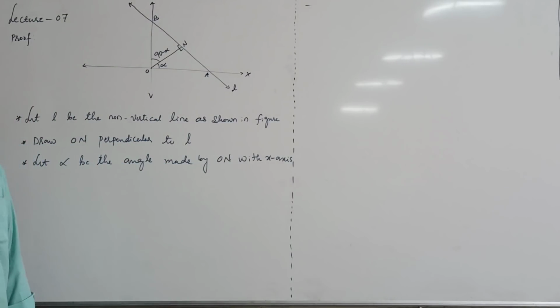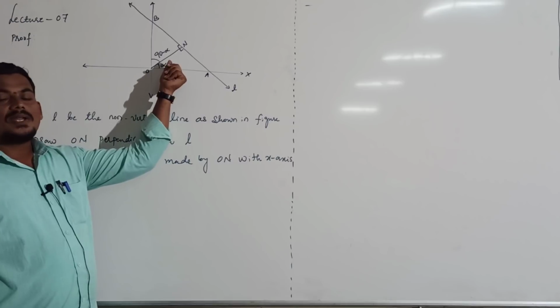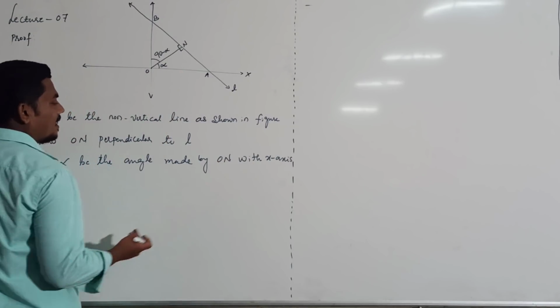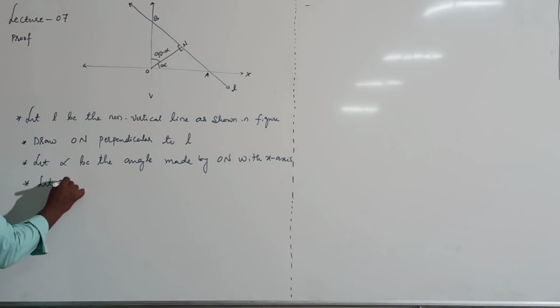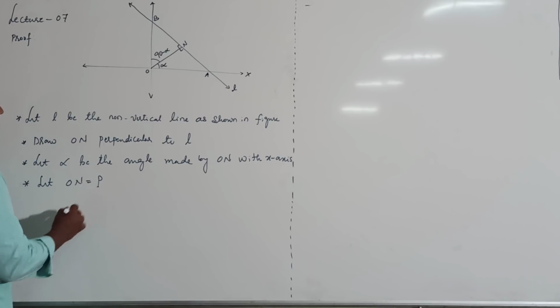Alpha is the angle made by ON with the x-axis. And what is the ON length? Let ON be equal to some p units.